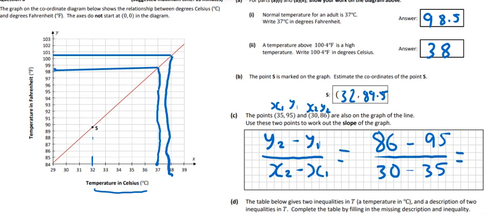So therefore on top we're getting 86 take away 95, which would be minus 9. And on the bottom, 30 take away 35 is minus 5. So minus 9 over minus 5.